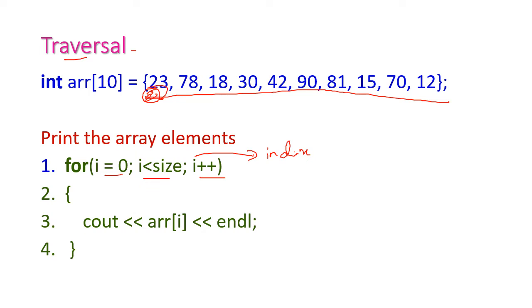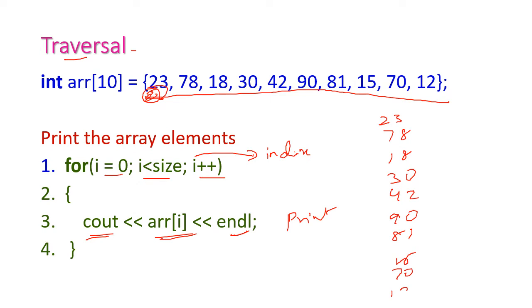The cout statement is used to print ARR of I. This statement prints all the data items one by one because we are using the index here: 23, 78, 18, 30, 42, 90, 81, 15, 70 and 12. Likewise, all the data items will be printed one by one.